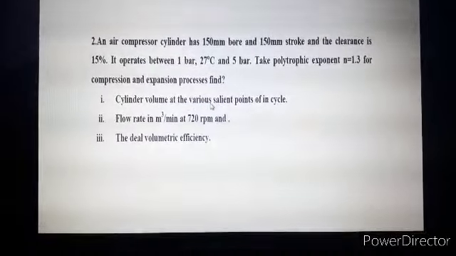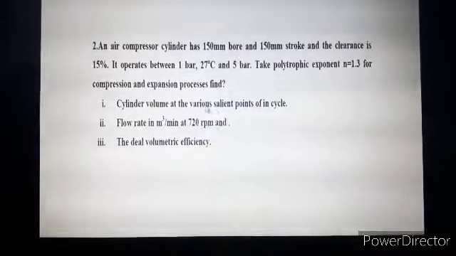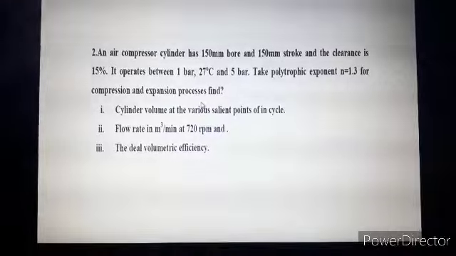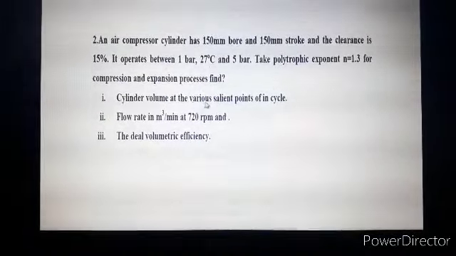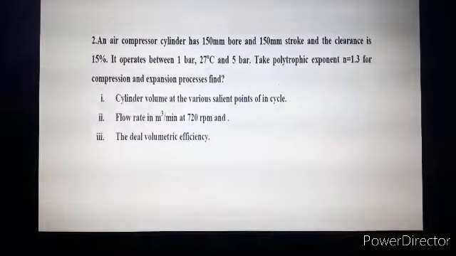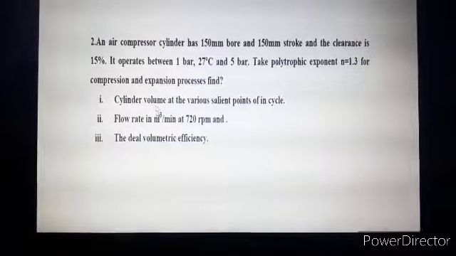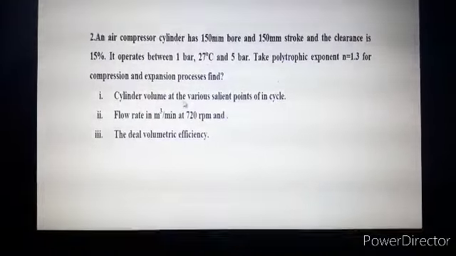So that relation we have to refer. Again, we have to refer to the relation for compression, that is PV raised to 1.3 is equal to C. Again we have to refer to the relation for pressure, volume and temperature during discharge and during expansion. So considering these basic relations for the various basic thermodynamic processes, we can find volume at all the points.